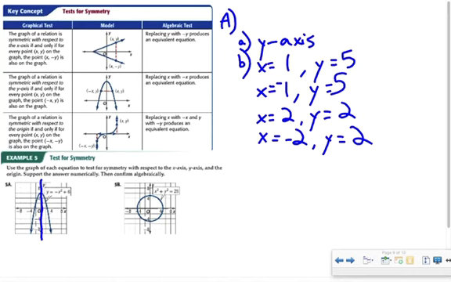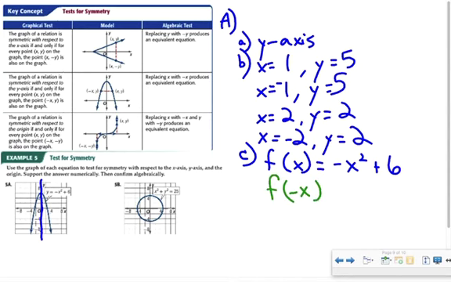So I have supported that answer numerically, and then it wants me to confirm it algebraically. And what that means is my f of x, remember, was negative x squared plus 6. If it's symmetrical over the y-axis, then replacing x with negative x will give me the same exact equation.